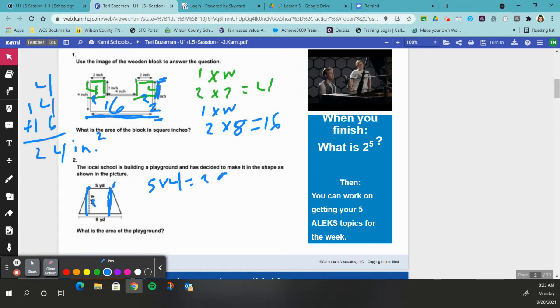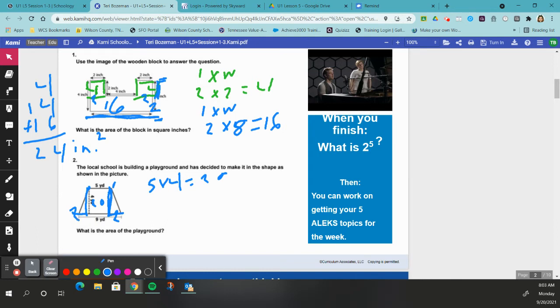So this one is 20. And then your 2 triangular pieces, to get your bottom base, we know that the middle portion here was 5. So then we say 9 minus 5 would be 4. So this space is 2 and this space is 2 because those triangles are identical to each other.